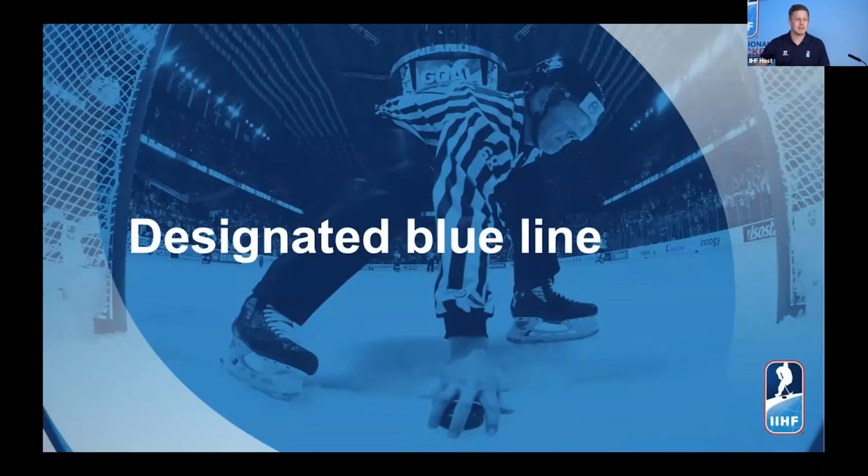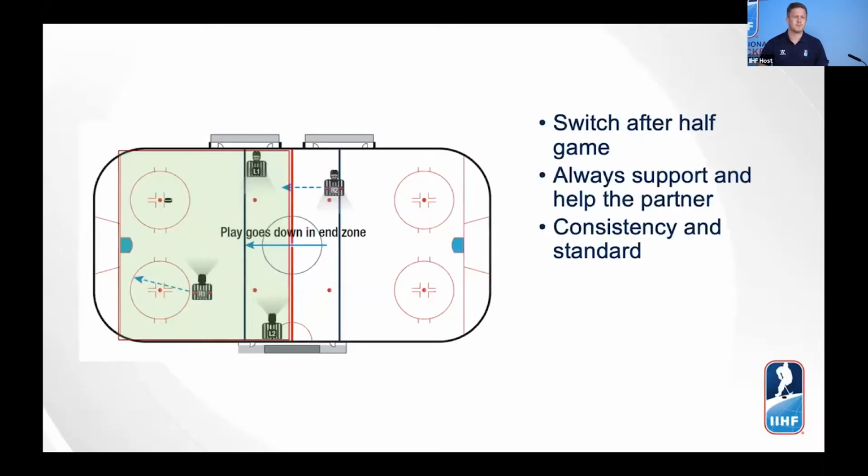Well, it is maybe a bigger switch for anyone that is a non-North American game official that worked as a linesperson, because the designated blue line is really a way of working on sharing responsibility on making the offside calls. This means that a linesperson has a main responsibility of a specific blue line throughout the game. This switches after the half of the game.